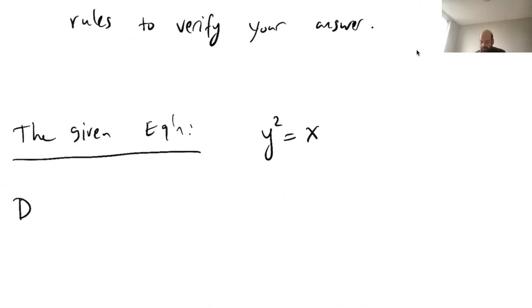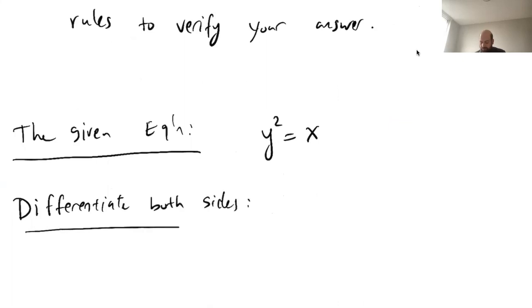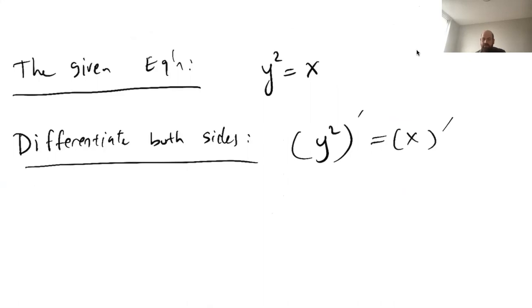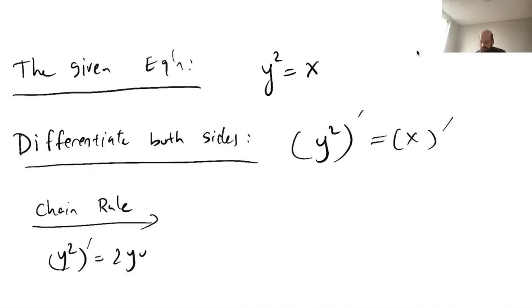So we need the derivative of y squared equals the derivative of x. Now, the derivative of y squared, what is it? By the chain rule, the derivative of y squared is equal to 2y y prime.